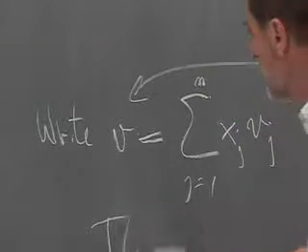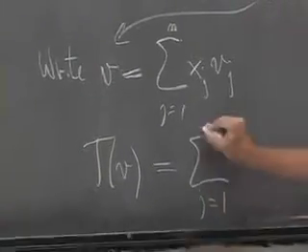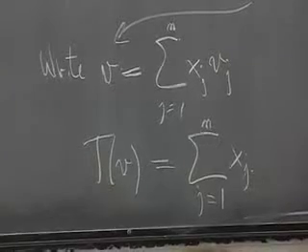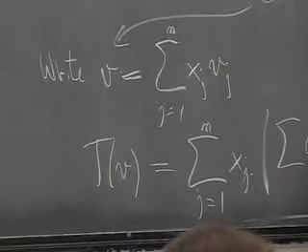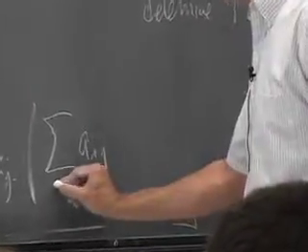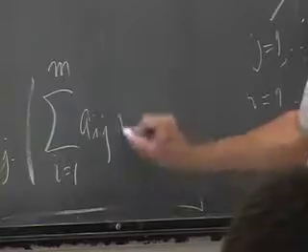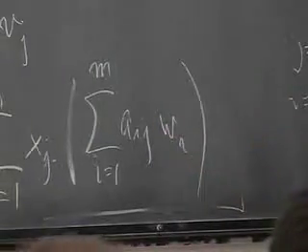Then T of v is the summation from j equal 1 to n of xj times T of vj, which is the summation of a_ij wi, from i equal 1 to m. And that tells me what the vector is. So I know what T does to any vector.